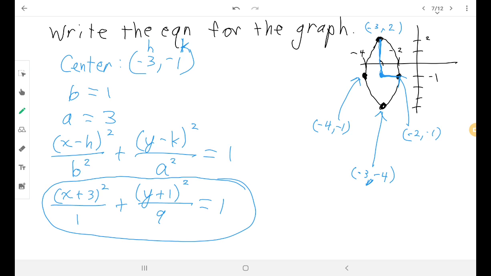And there's the equation for the graph. And there we have it.